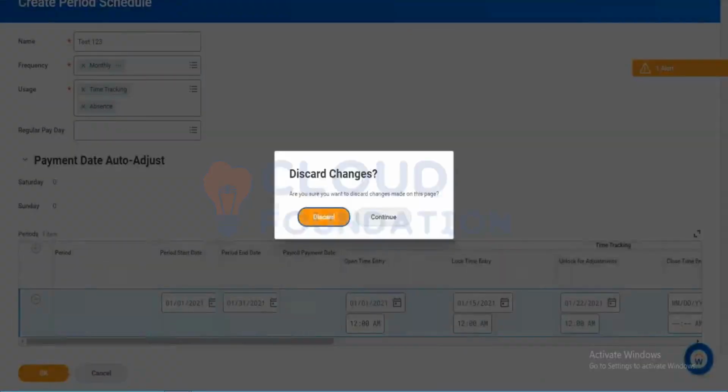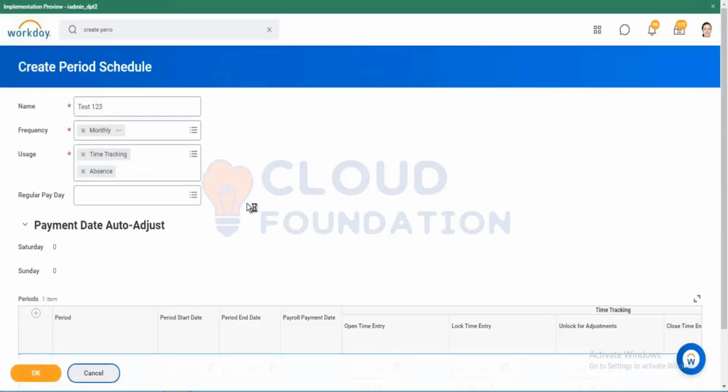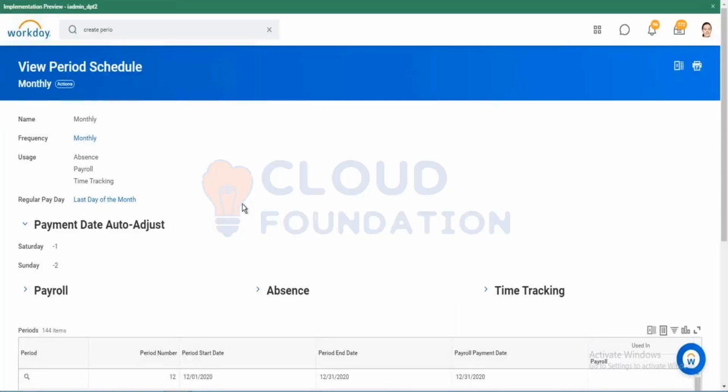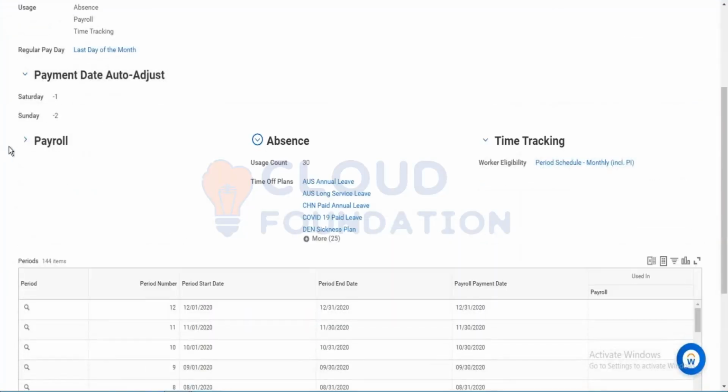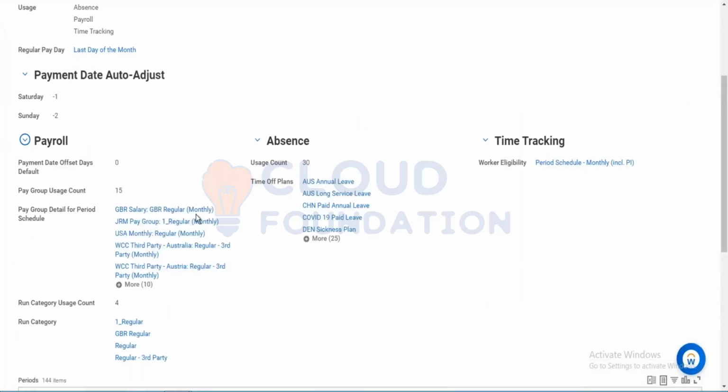But how are workers eligible for a period schedule? There must be an eligibility criteria, correct? Whenever you make the use over here, these three tabs come into the picture, and there comes the worker eligibility. For payroll, they ask for pay groups.